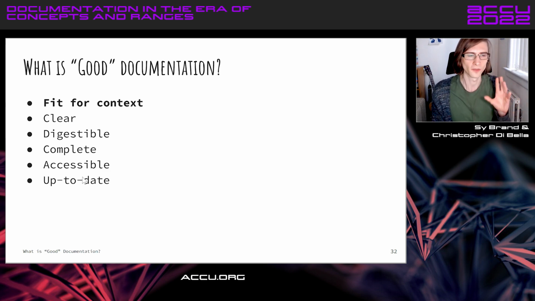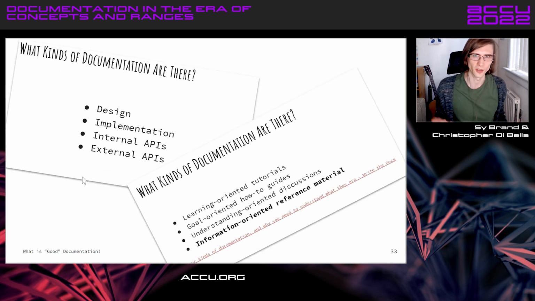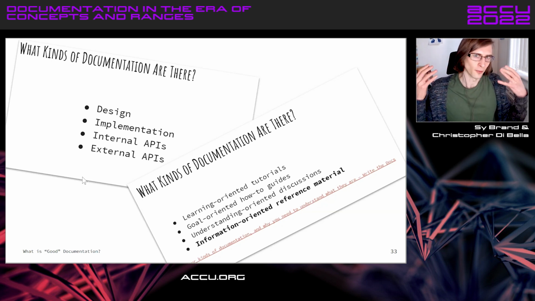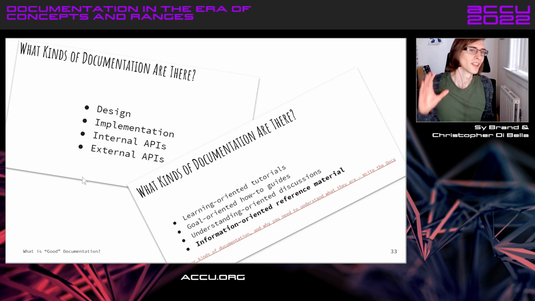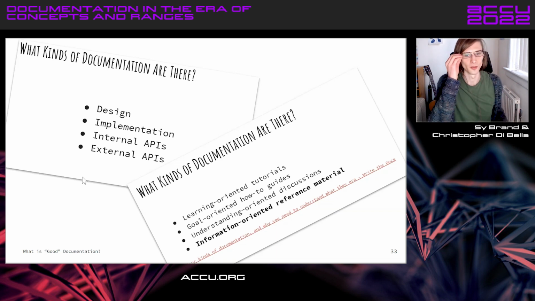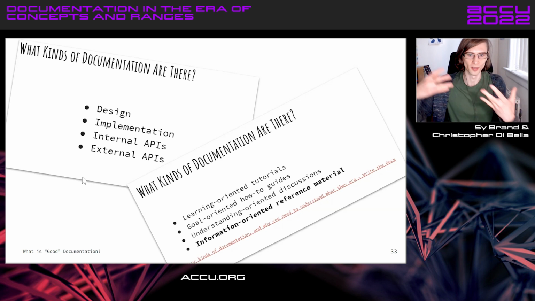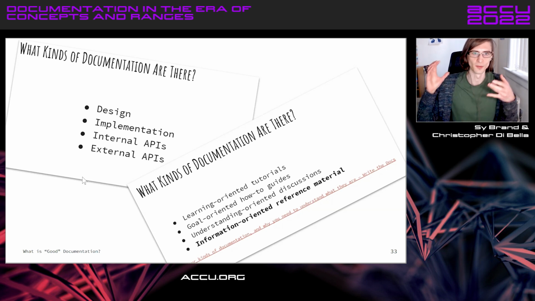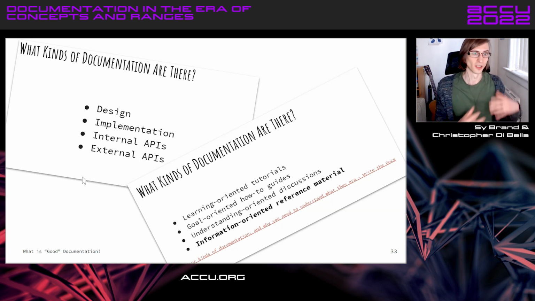When we say fit for context, we talked earlier about what different kinds of documentation there are, like design, implementation, learning-oriented tutorials. These might be for different groups of people. If I'm a beginner using a library, I don't need the internal APIs, but if I'm working on the library, then for sure I do. If I'm a beginner, I probably would like some learning-oriented tutorials, but if I'm using this library day to day and it has a lot of nuances, I probably want the reference material.